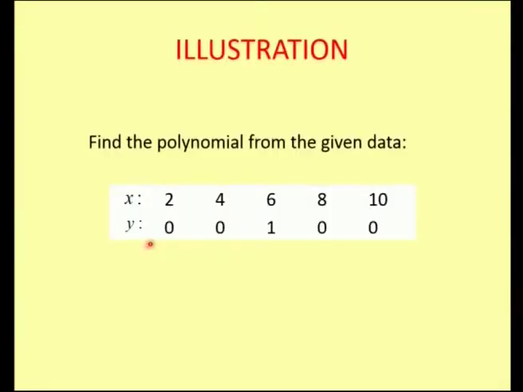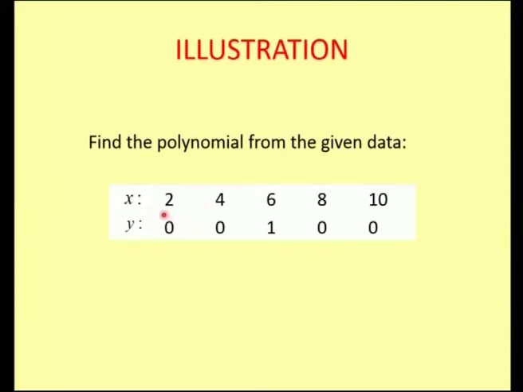Newton's forward and backward difference formulas are used not only to find the y values for corresponding x values, they can also be used to find the polynomial from the given data. I quickly go through this illustration.